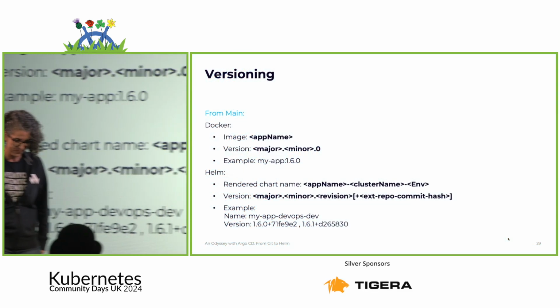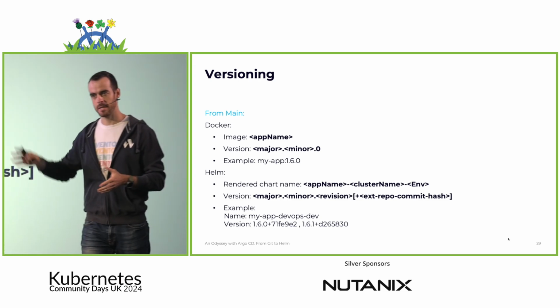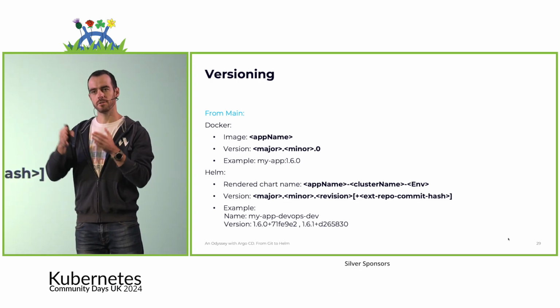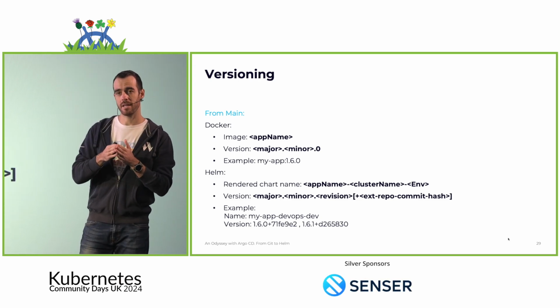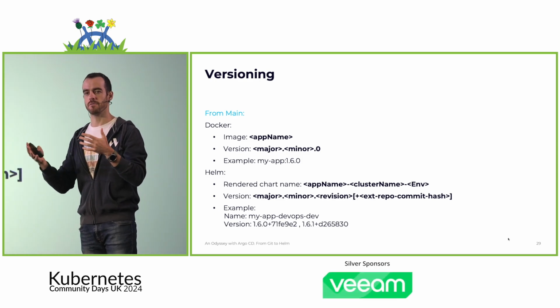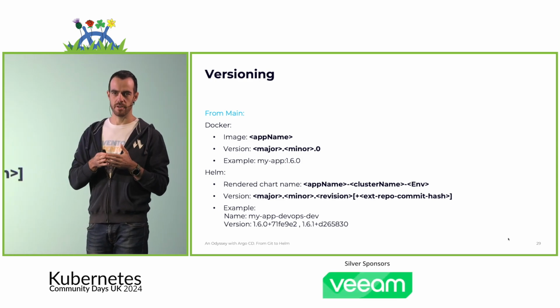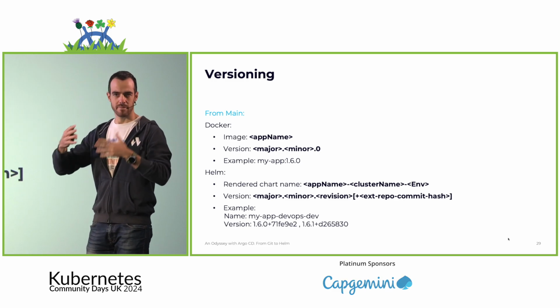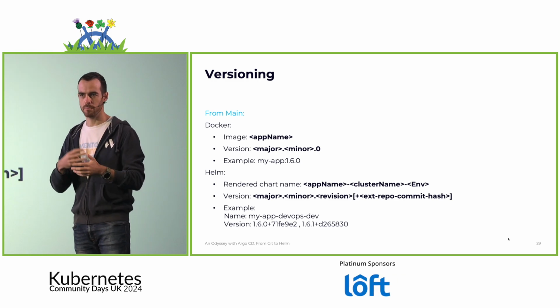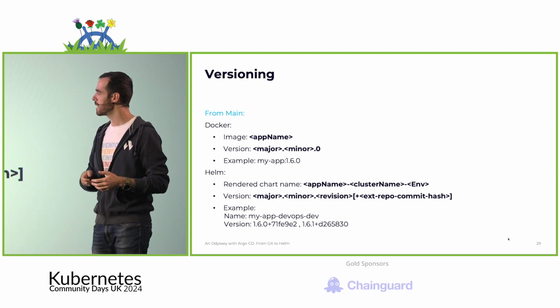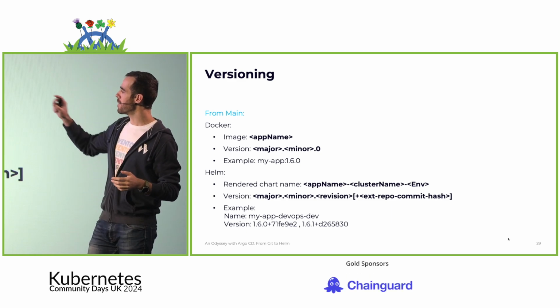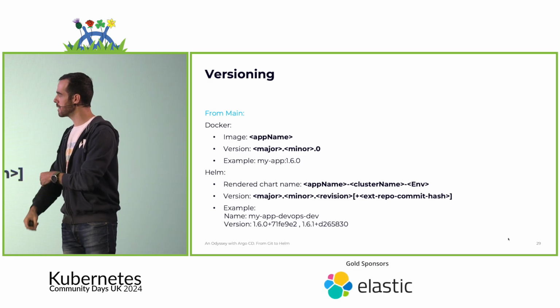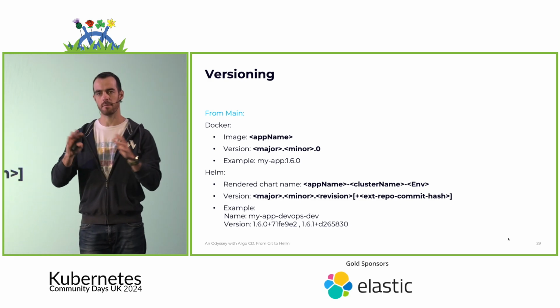Right, let's start from the basics, versioning, because we joined the application code and the Helm chart together again. We took advantage of that and used the same version for both of them. We went with Semver because it's Helm compatible. The major version is completely up to the developers to decide.